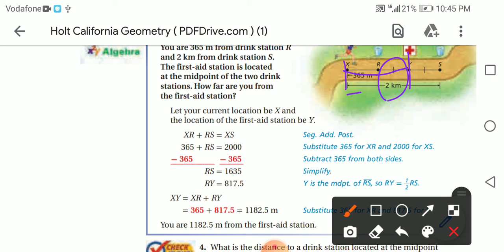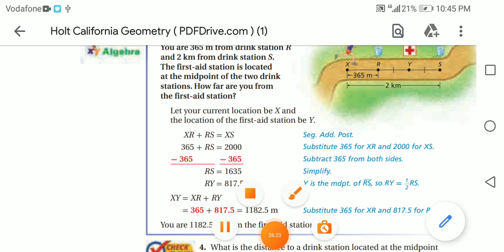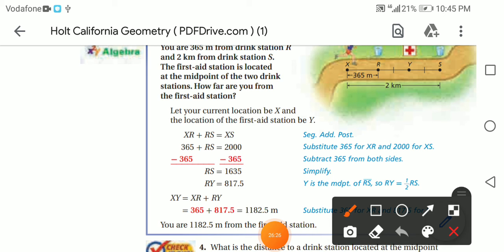I calculated first this RS part, and then the midpoint Y gives me 817.5, right?